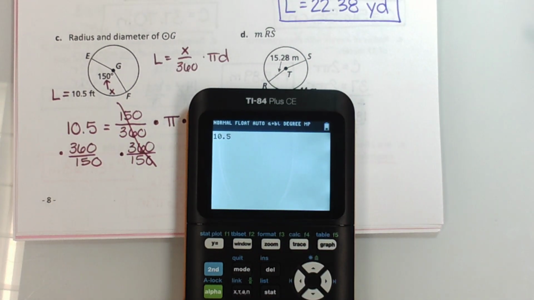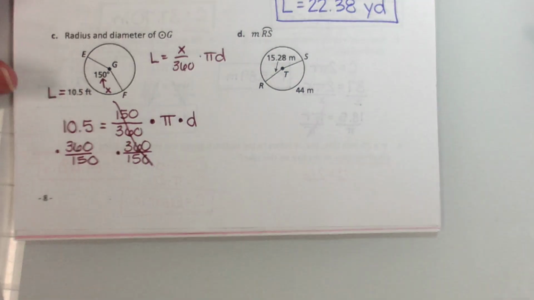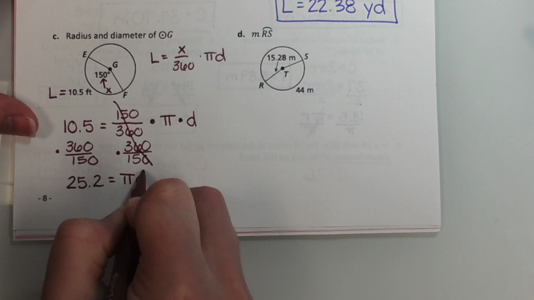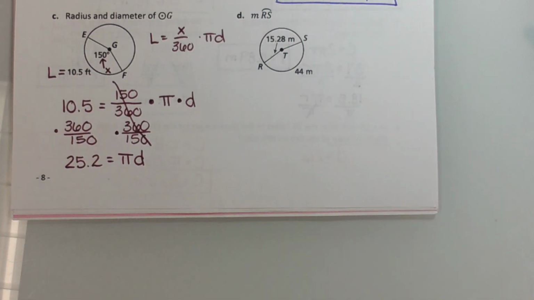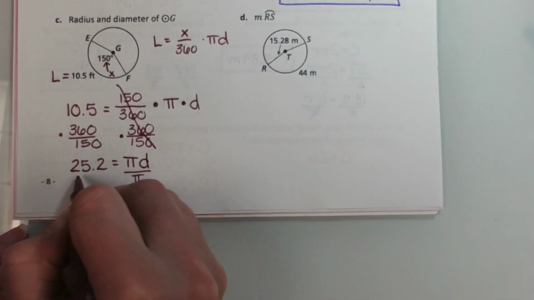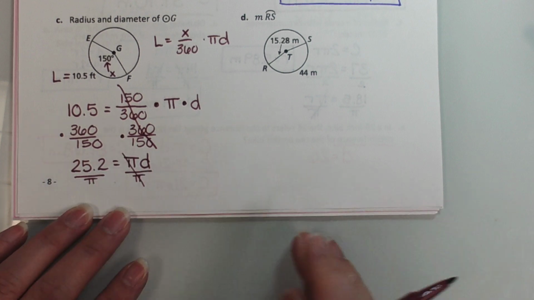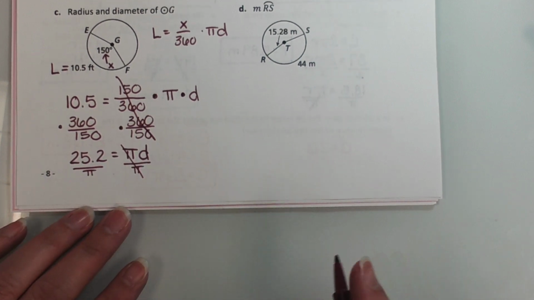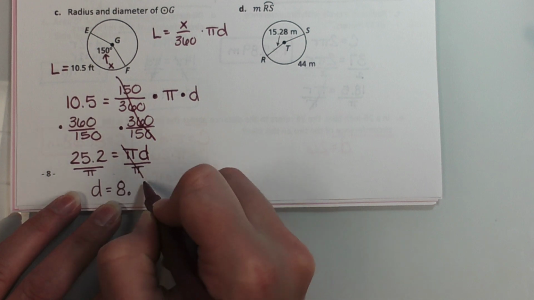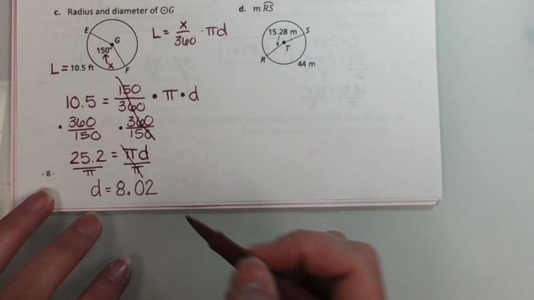10.5 times 360 divided by 150 is 25.2. I want to get the diameter alone, so I divide by pi. 25.2 divided by pi is 8.02 units.